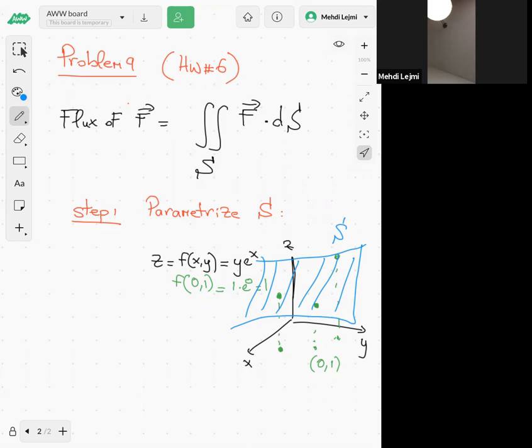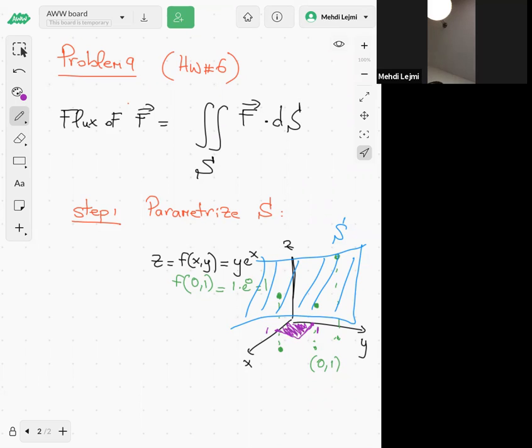Now you're interested in the portion of this surface lying over the unit square 0, 1 cross 0, 1. Let's say here's 1, and here's my square 0, 1 cross 0, 1.